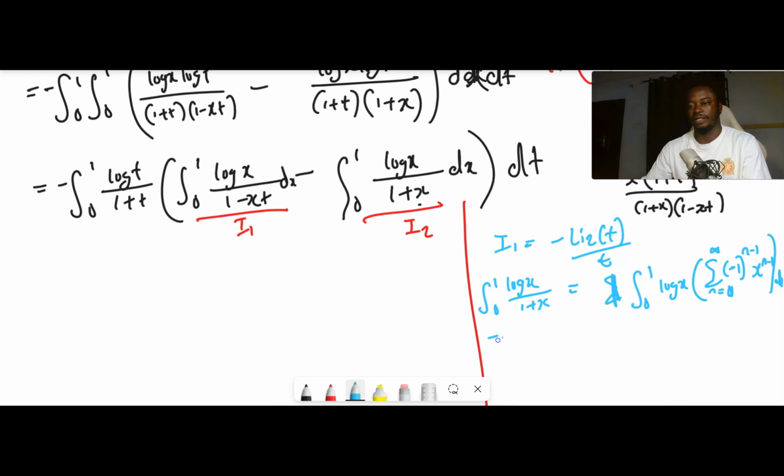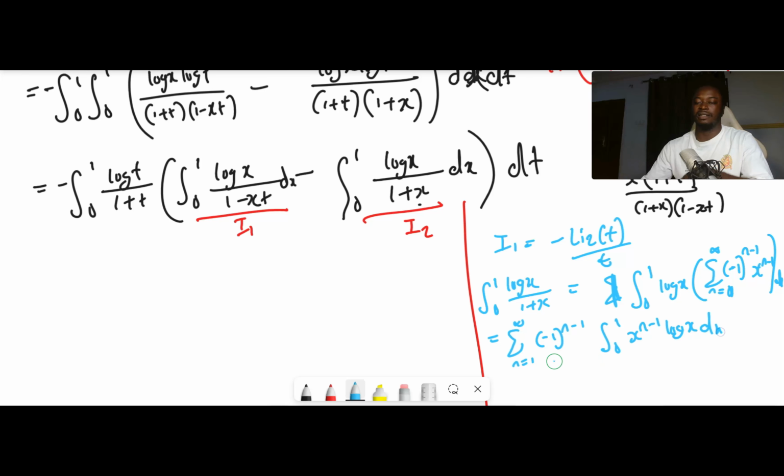So everything here would become factor out the sum. So you have the sum as n runs from 1 to infinity of negative 1 to the n minus 1, then you have the integral from 0 to 1 of x to the n minus 1 log x dx.